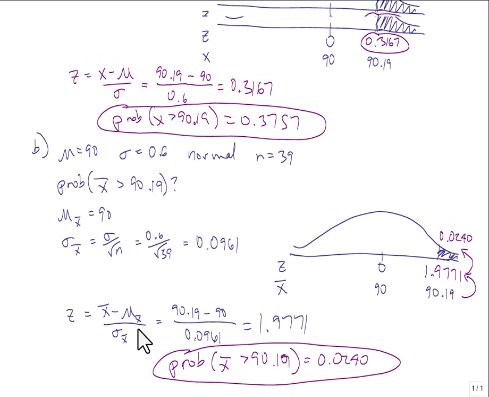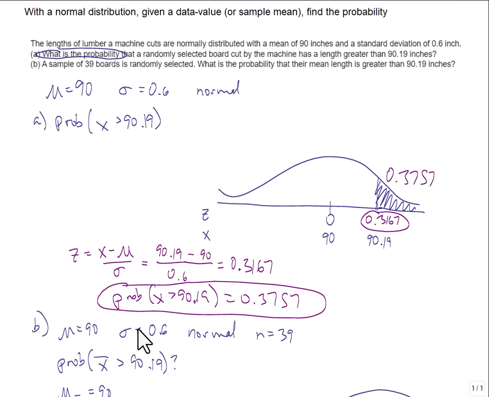So to look back, in this problem, we were given that it's a normal distribution, and we were given a mean, and we were given a particular data value of interest. Now in part A, it was from a single board, so it was a single data value.